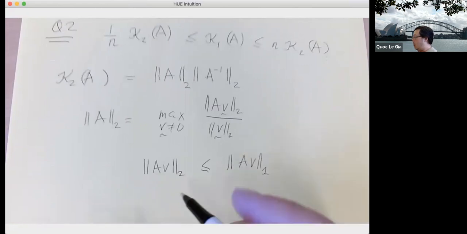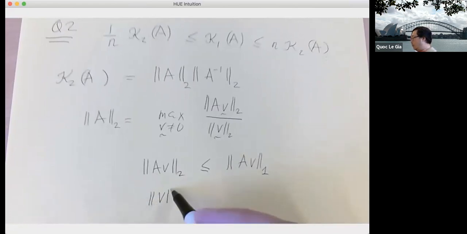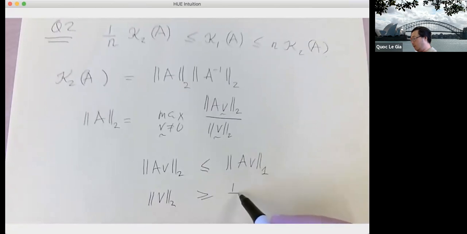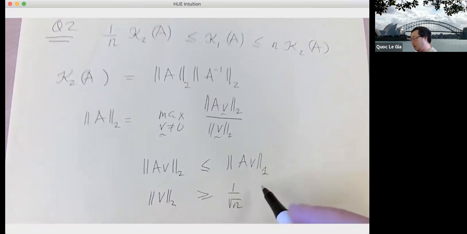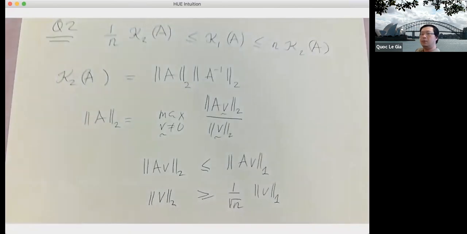And then I also have the V norm in the two norm is bigger than or equal to 1 over square root n times V in the one norm. Remember, we proved this inequality in the previous question.